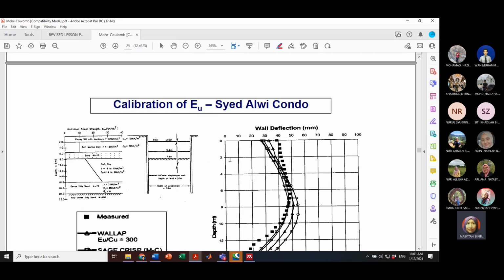Itulah benda-benda yang you perlu ambil tahulah. Selain daripada tu, you kena tahu juga the geotechnical applications. You are focusing in which geotechnical application, sama ada foundation, slope stability, retaining wall ataupun embankment or excavations.